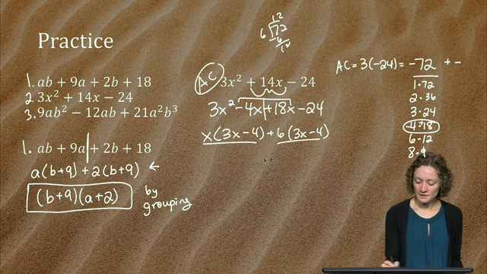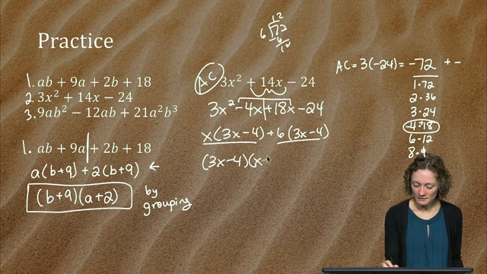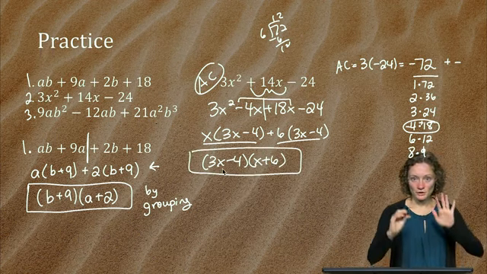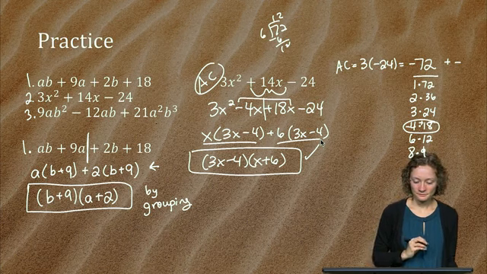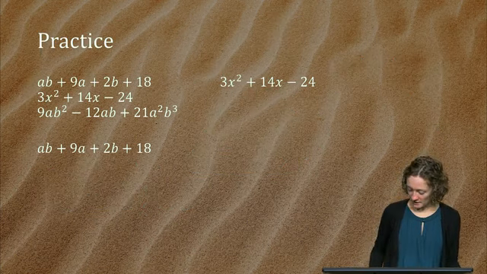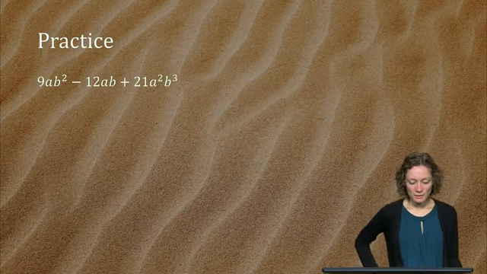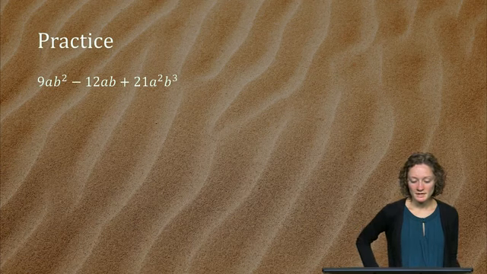These are the same. The thing they have in common is the 3x minus 4, and you're left with x plus 6. Again, the order of those two factors does not matter. There we go, AC.